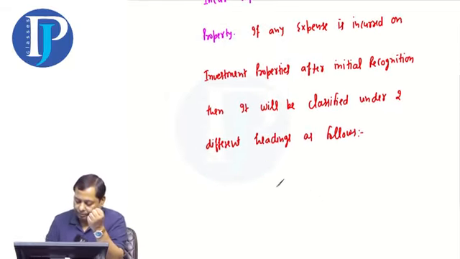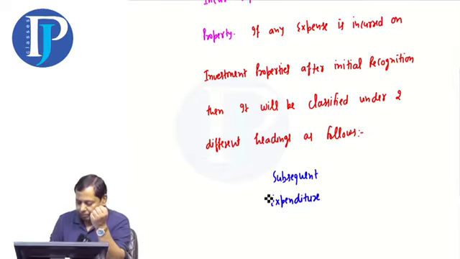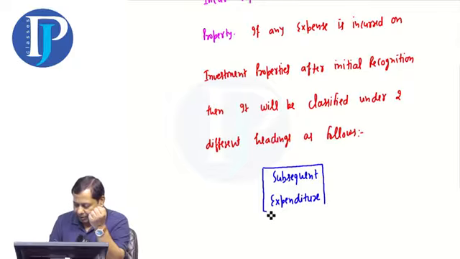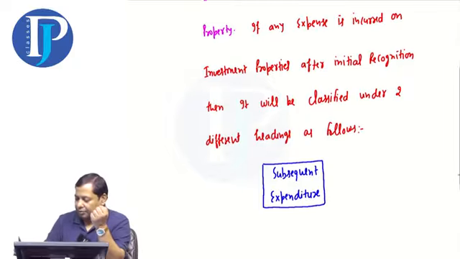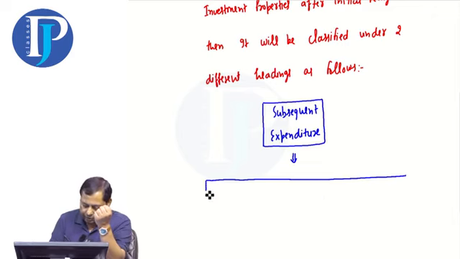First is, students, when we talk about subsequent expenditure, we have two forms of this.